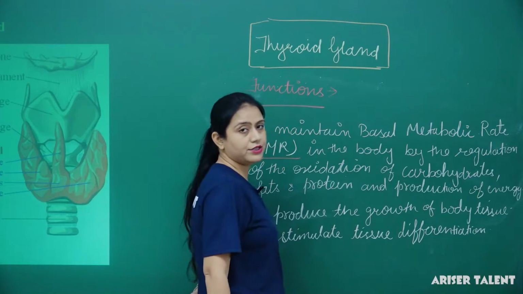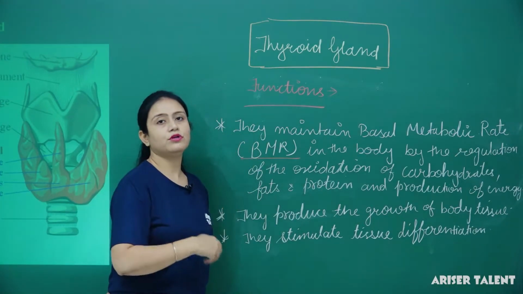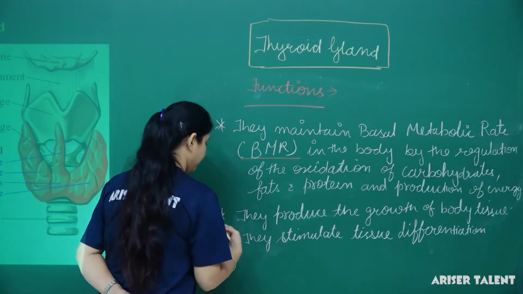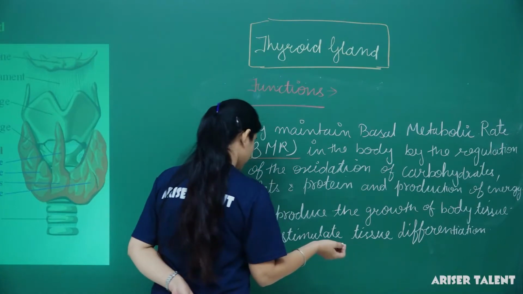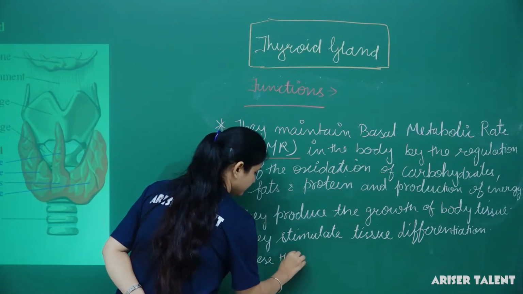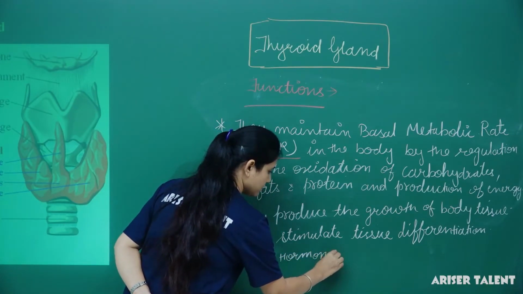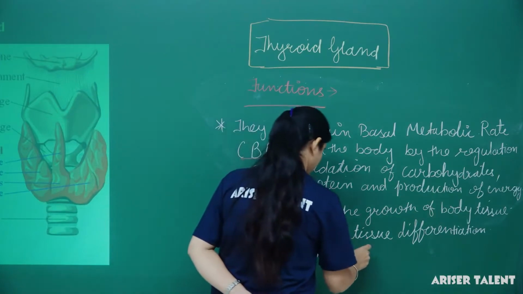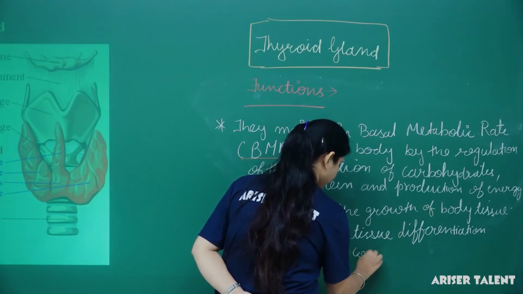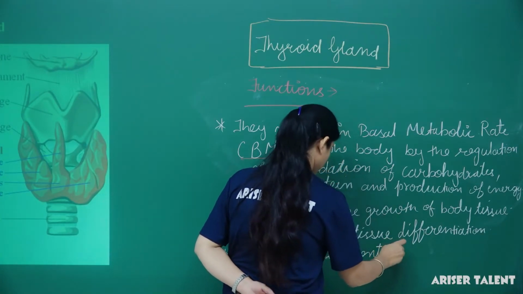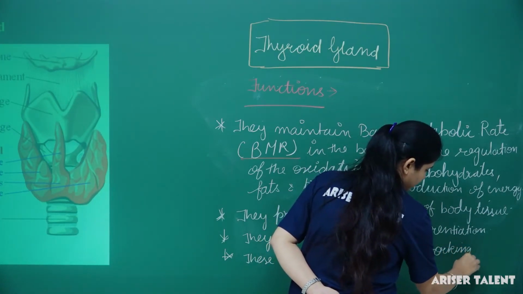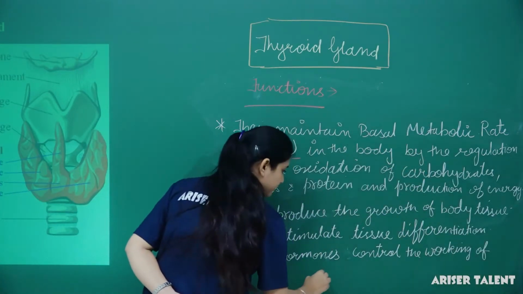Okay, they stimulate the tissue differentiation, means from tadpole to the adult frog. Okay, as well as they also help in the working of kidney. These hormones control the working of kidneys.